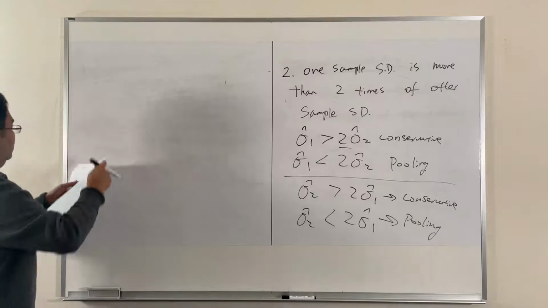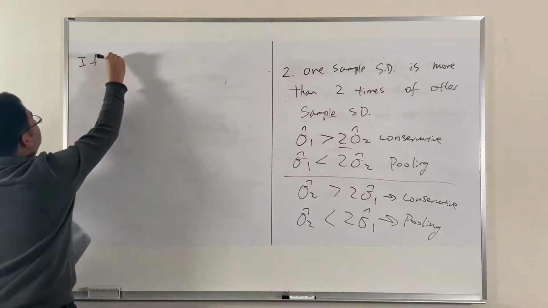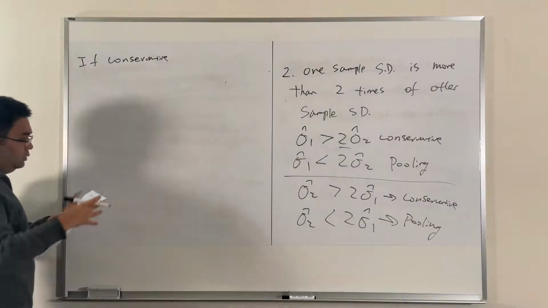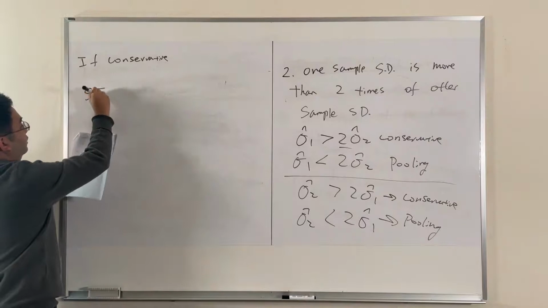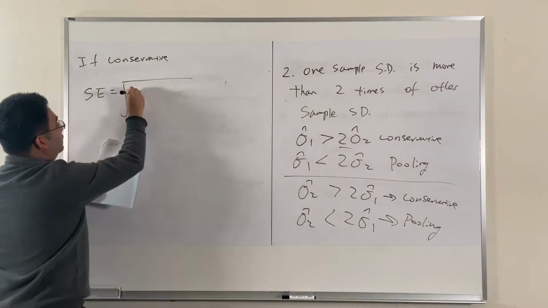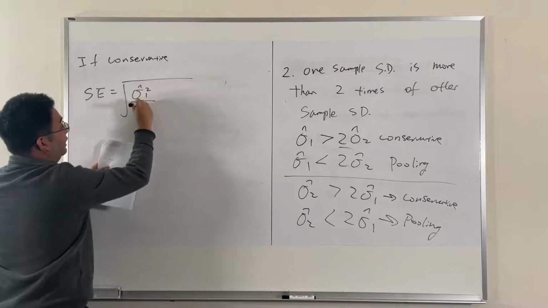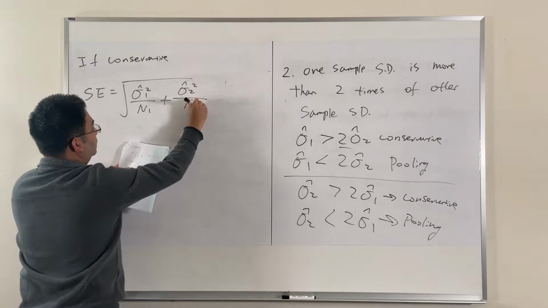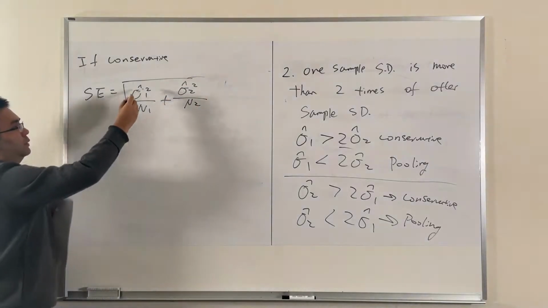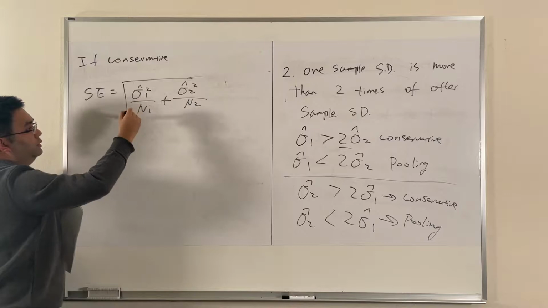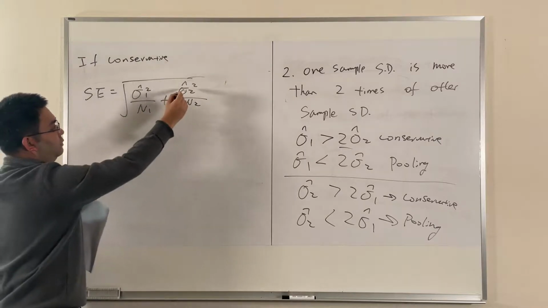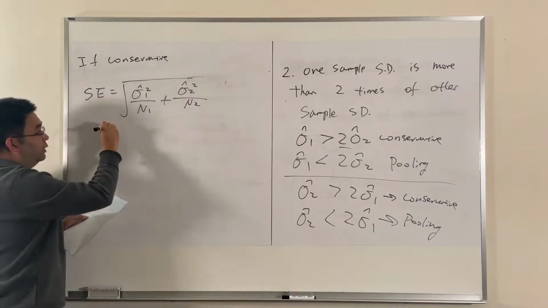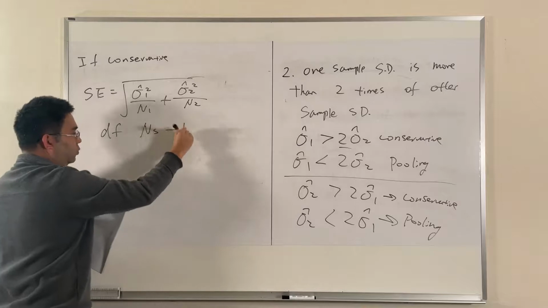If with that method we decided we're going to do conservative, your standard error is equal to the square root of sigma 1 hat squared over n1 plus sigma 2 hat squared over n2. So this is just the first sample variance divided by the first sample size, plus the second sample variance divided by the second sample size, and that's your standard error. And your degrees of freedom, again, is the smaller of n1 and n2 minus 1.